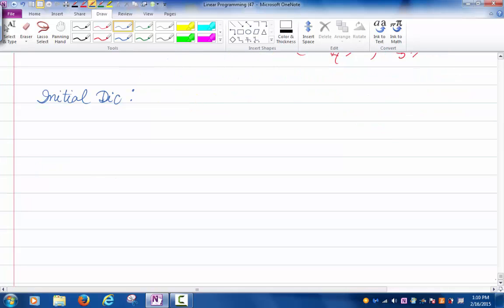I hope you have written them down, so let me just write here. You're basically going to solve each equality from the slack form for the slack variables. So I get x3 is 4 minus x1 plus 0 x2.